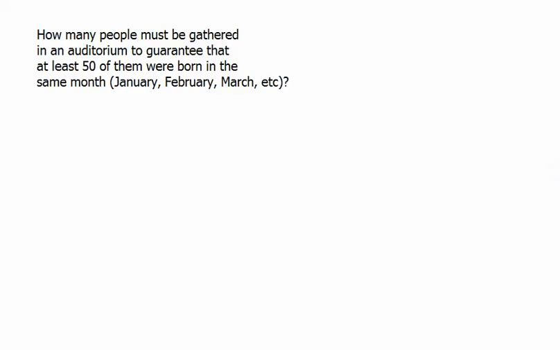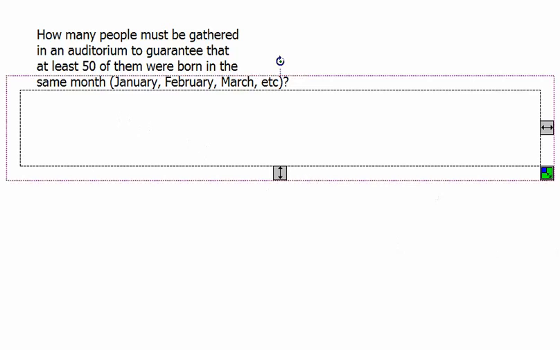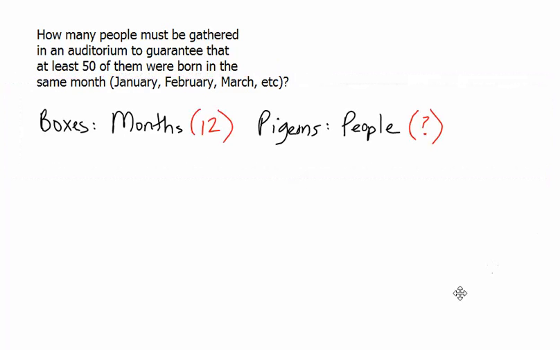The first thing we need to do is identify the boxes and identify the pigeons. In this case, we are grouping people based on the month in which they are born. The boxes a lot of times are the categories in the problem. We're grouping by the month they are born, so the boxes are going to be the months.